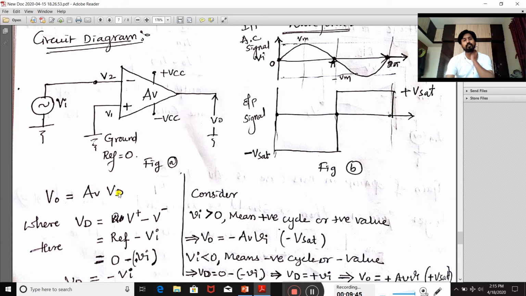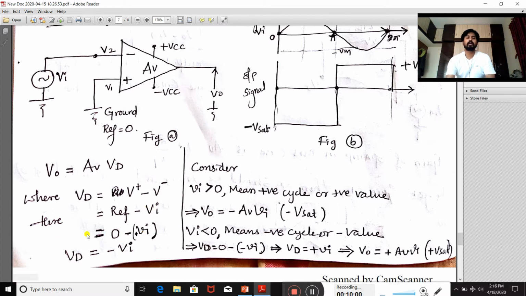So here V plus, what is the voltage? V plus is connected to the ground, hence the potential is 0. V minus is connected to the source, that is Vi. So 0 minus Vi.